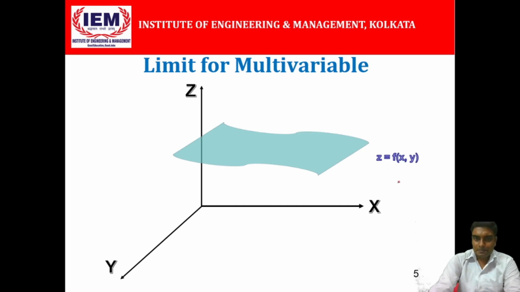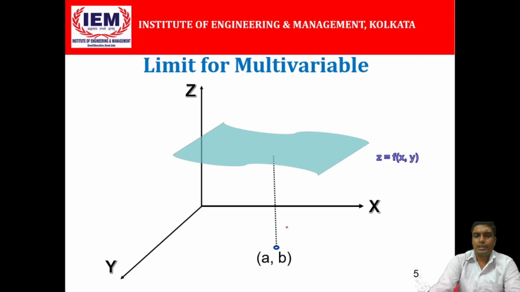Now I want to find the limit at some point that belongs to the xy plane, because x and y are the two independent variables, and let (a, b) be that particular point. I want to see whether the limit exists at that point. In the single variable case, I can just move from the left hand side and right hand side.